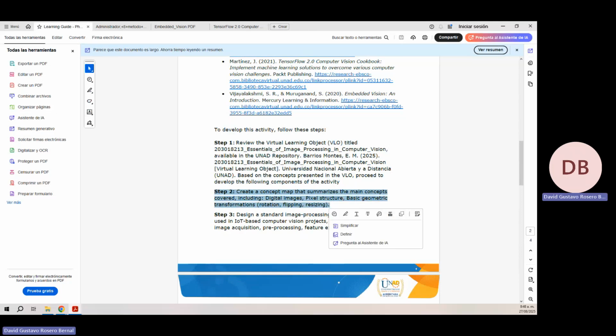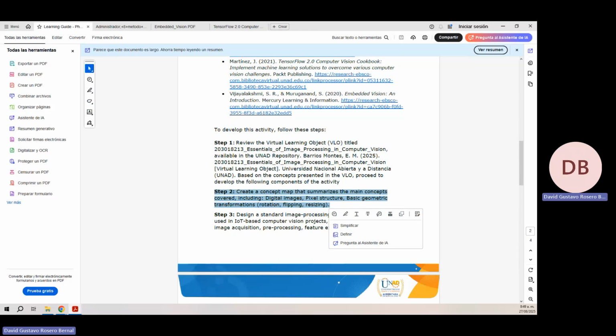The concept map. This map must summarize the building blocks of image processing and computer vision: digital image, pixel resolution and color shades, RGB, HSV, grayscale, geometric transformations, rotation, scaling, and flipping, preprocessing, filters, normalization, and noise reduction, segmentation and feature extraction, thresholds, contours, descriptors, classification and deep learning, CNNs, transfer learning, IoT application, agriculture, security, healthcare, industrial automation, whatever you want.